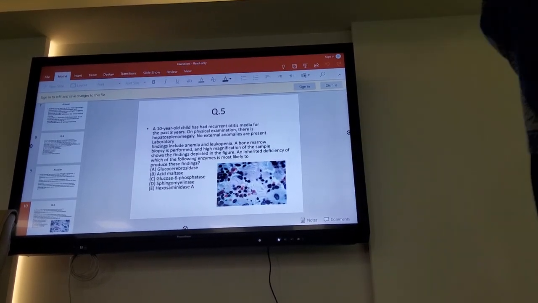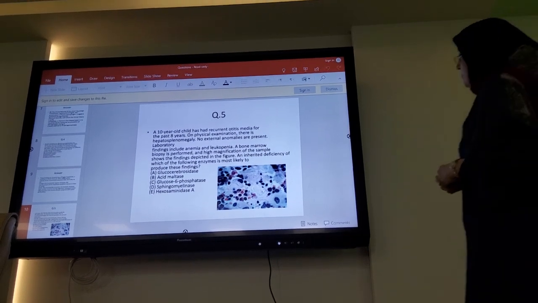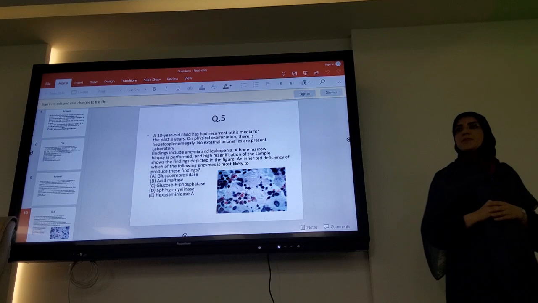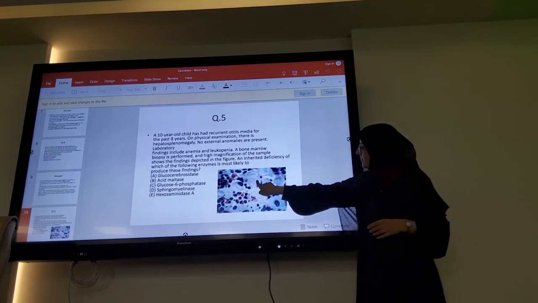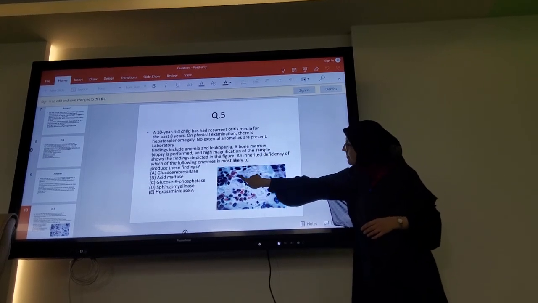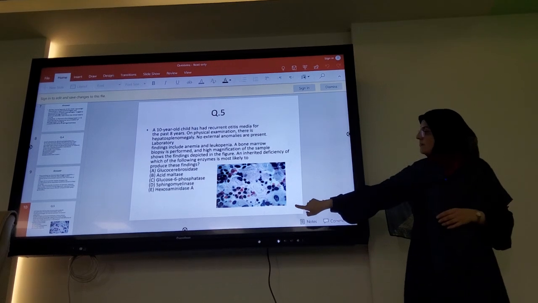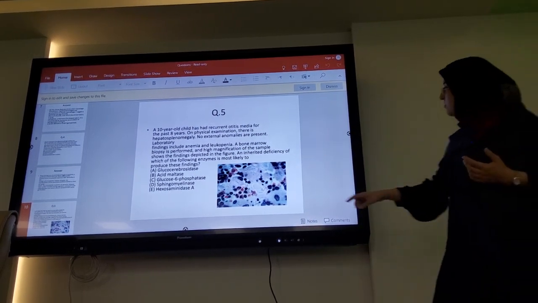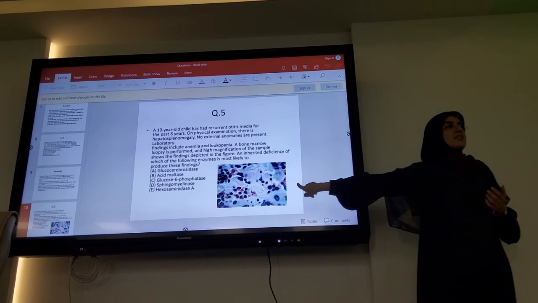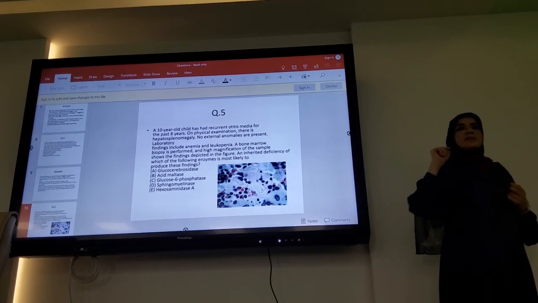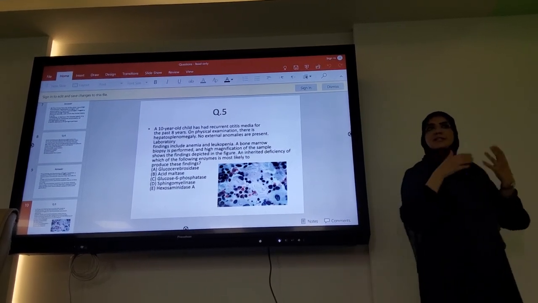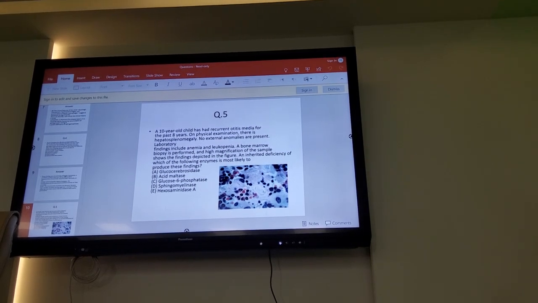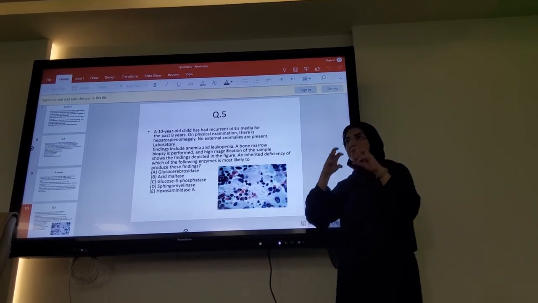Question number 5. What are these cells? Look at them. Yes, these are histiocyte macrophages. But what is the appearance inside the cytoplasm? Yes, lipid. What is the pattern?